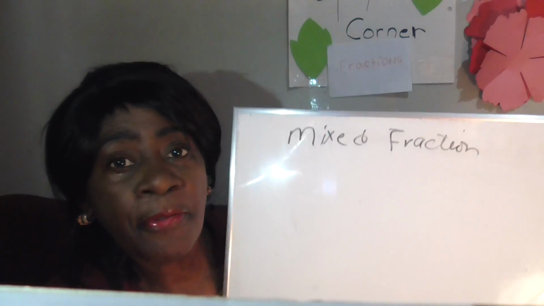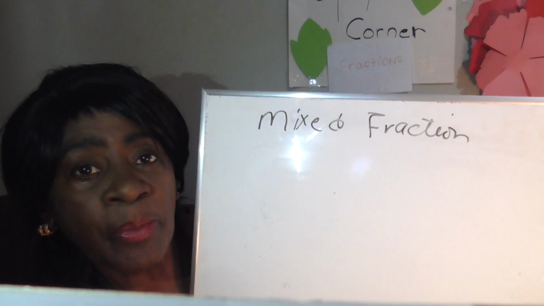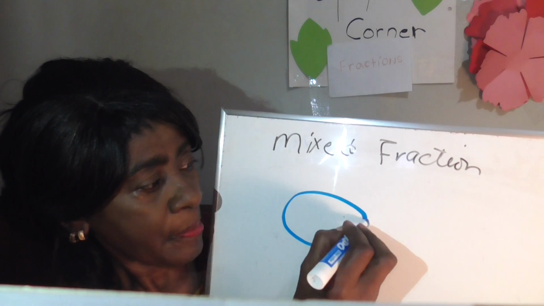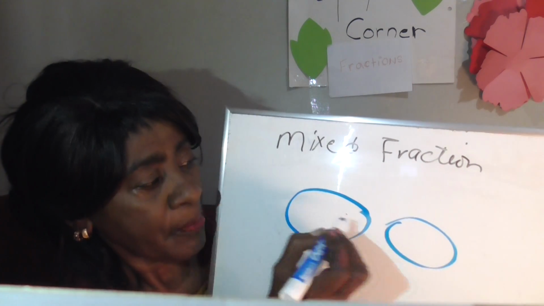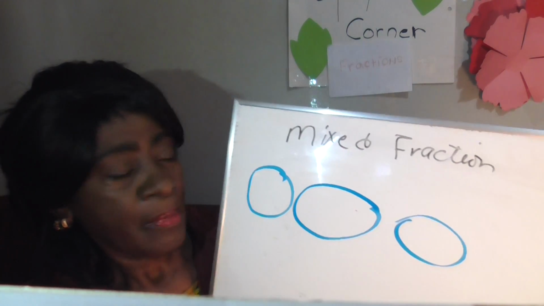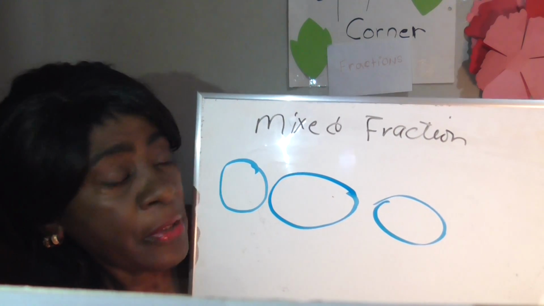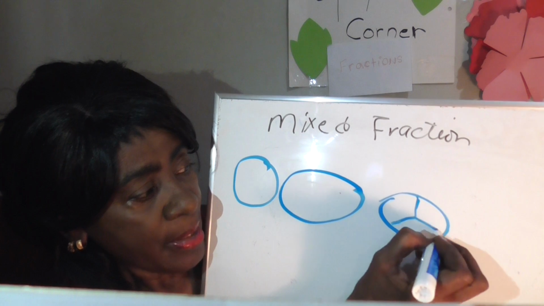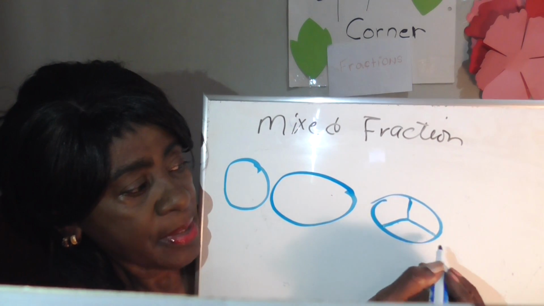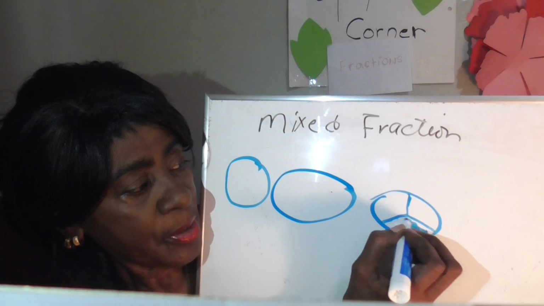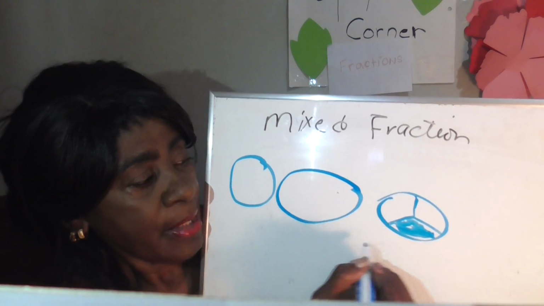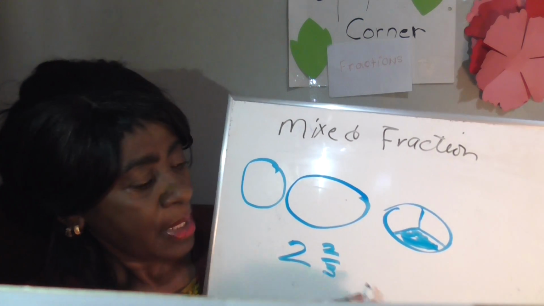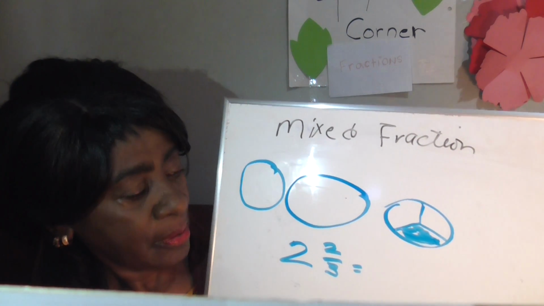Converting mixed fractions to improper fractions. The first mixed fraction was: 1 pie was divided into 3 parts. Someone came along and took a piece of pie. That gave us a mixed fraction of 2 and 2/3. How do we convert 2 and 2/3?